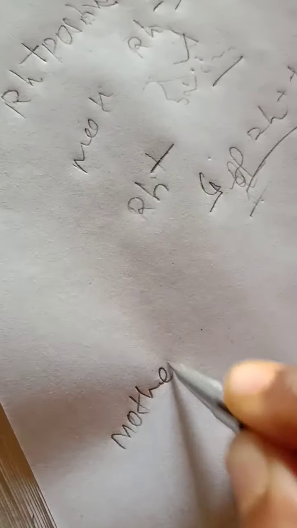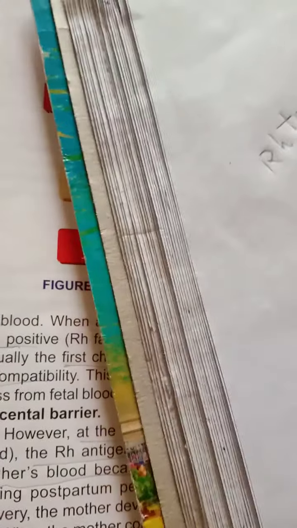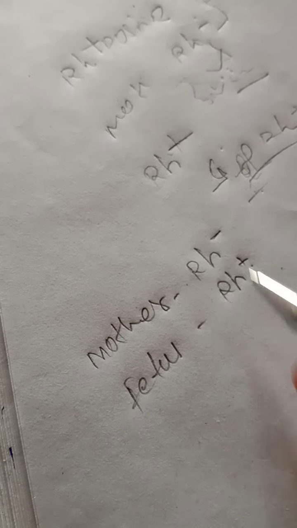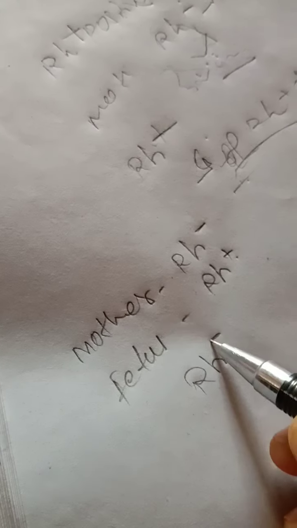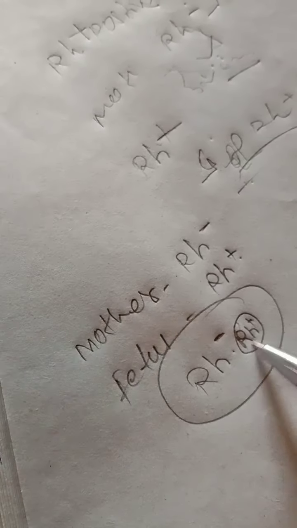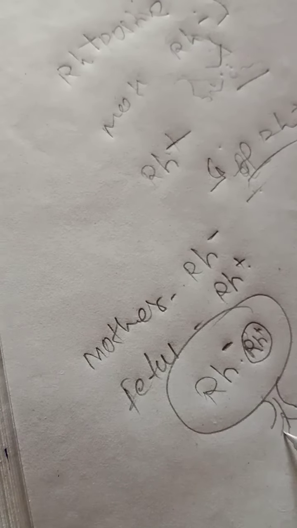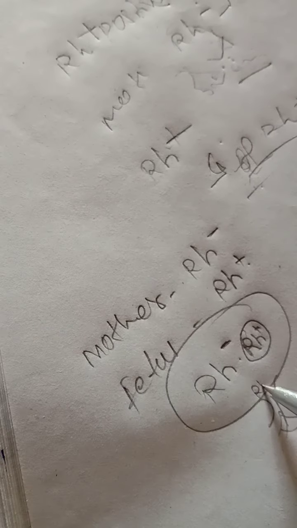See, if this is the mother, she is Rh negative. The fetus is Rh positive. So for the first time, when the Rh negative mother contains Rh positive blood, when parturition occurs, Rh positive blood may leak into the Rh negative blood.